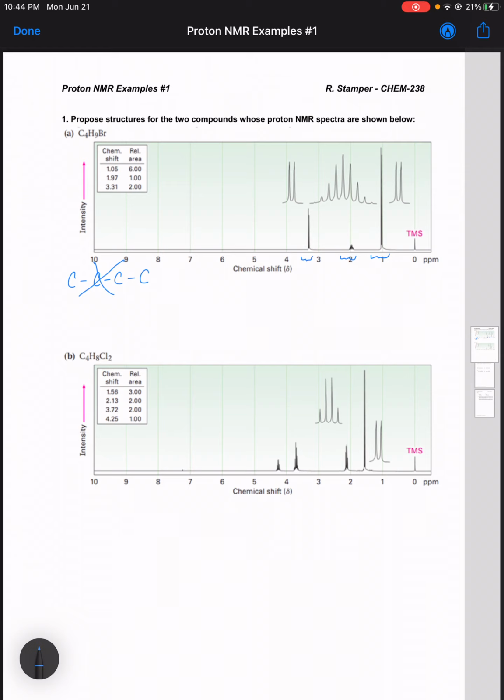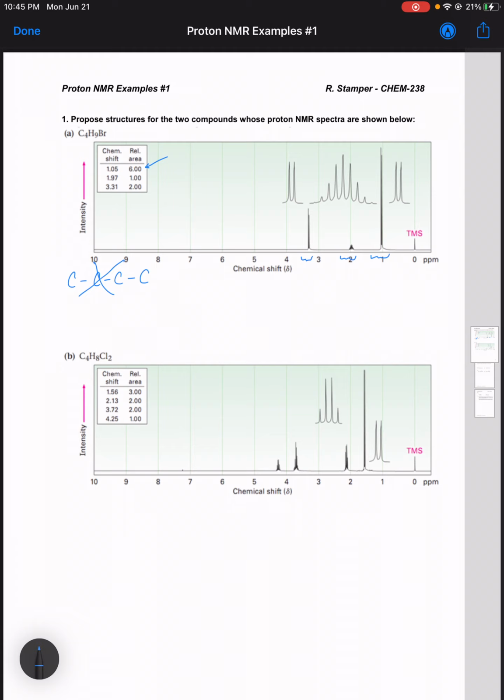The other piece of information we have that suggests that we have a branched structure is in the integration. Now, from the reading, we know that integration tells us how many hydrogens we have that contribute to a certain peak, or at least the ratio of those hydrogens. Now notice in our formula we have 9 hydrogens to account for. We have 6 hydrogens making up the shift at 1 ppm, 1 more hydrogen making up the shift at 2 ppm, and 2 hydrogens at 3.3 ppm.